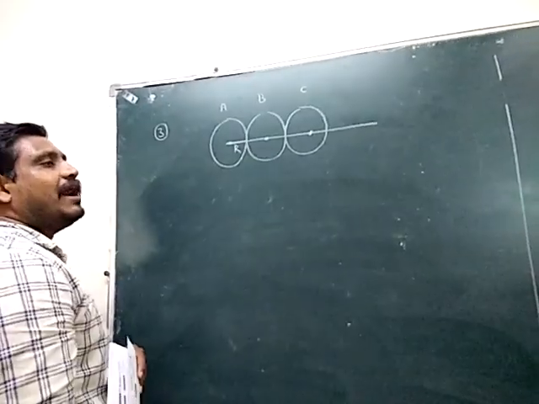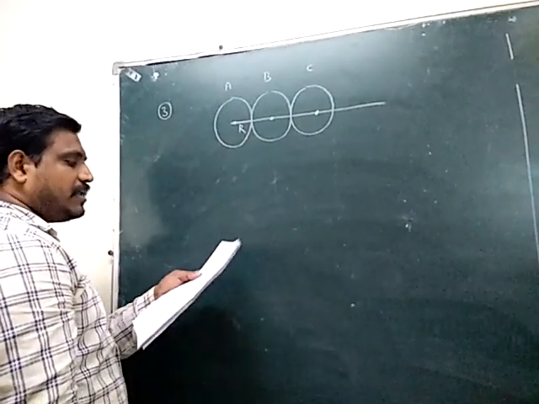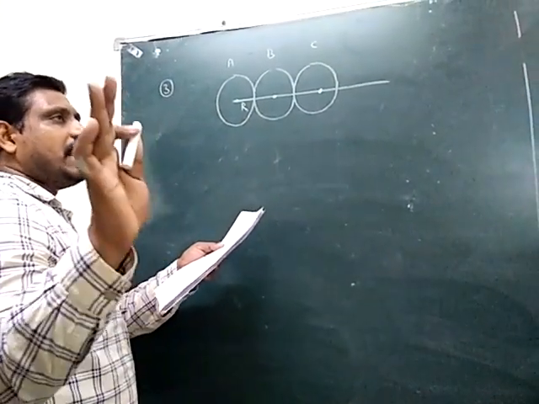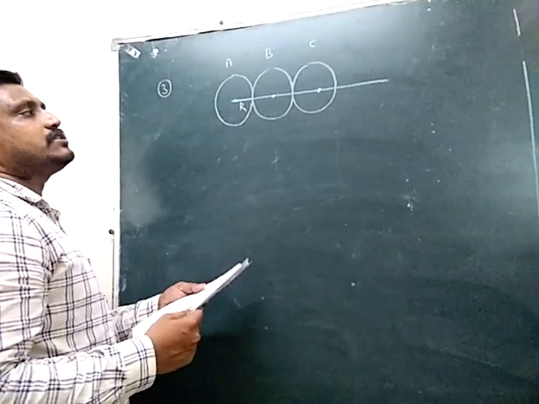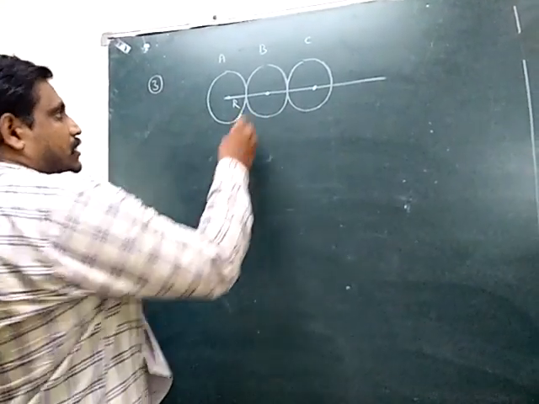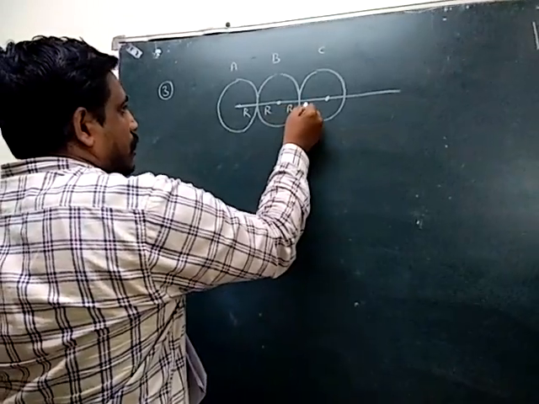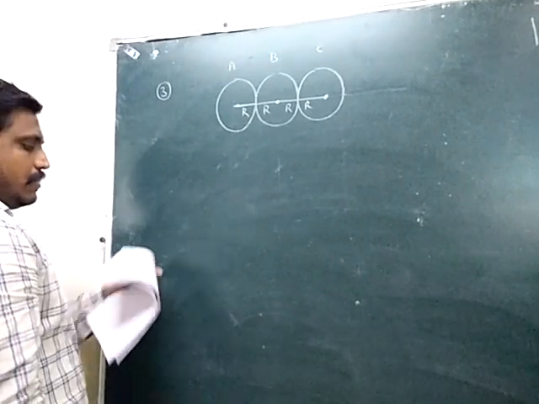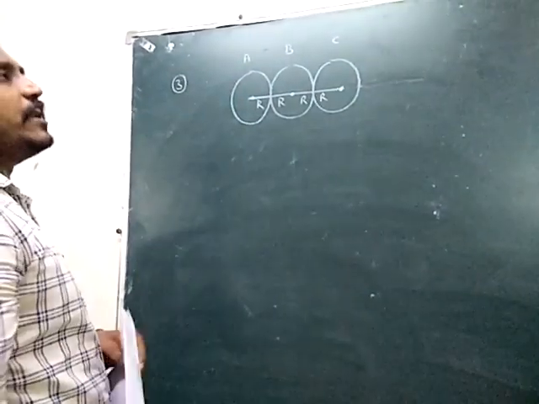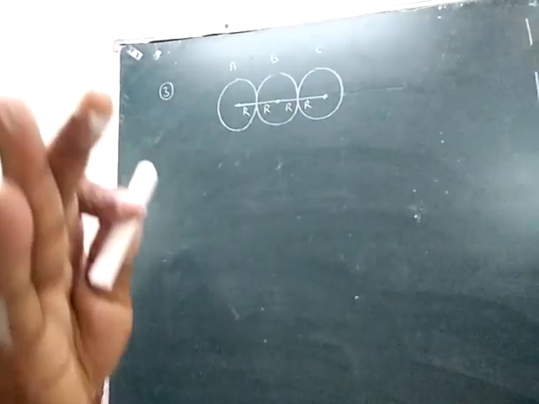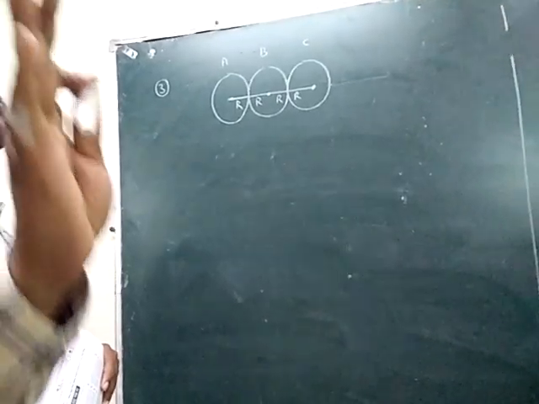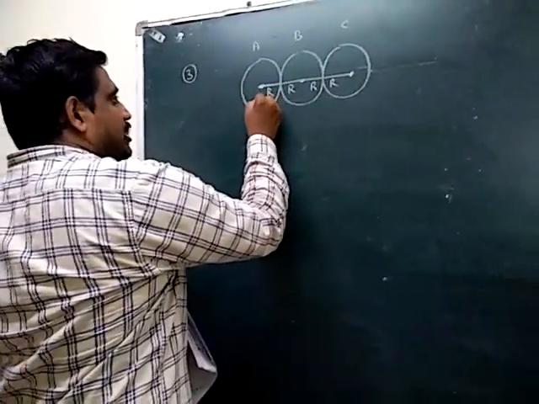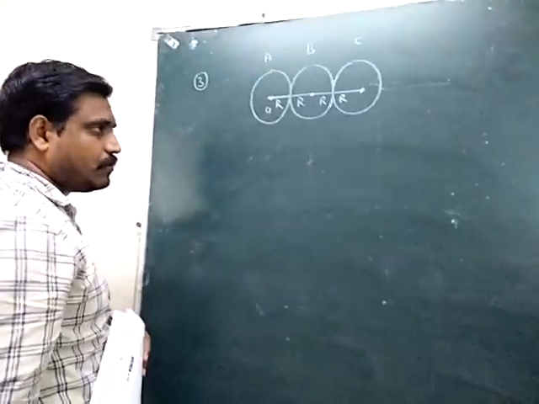According to the keyword, I arranged the spheres. Once again, their centers A, B and C lie on the straight line. Here this is also R, this is R, this is R. Then the question is, find the position of the center of mass from the center of A. That means the center of A can be considered as the origin.